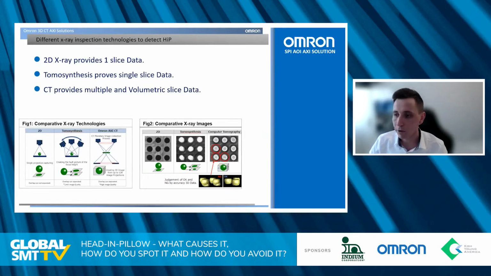So here you need to have a very skilled programmer and probably even more skilled operators to find it in the verification station. In computer tomography, the situation is different. The system will find the correct slice automatically. The system is jumping between the slices, looking for the correct level to analyze and to find this head and pillow.